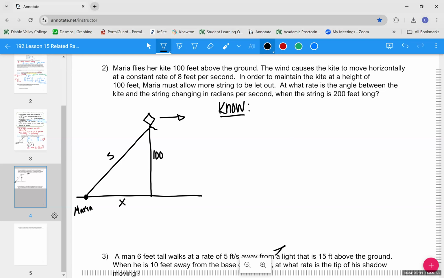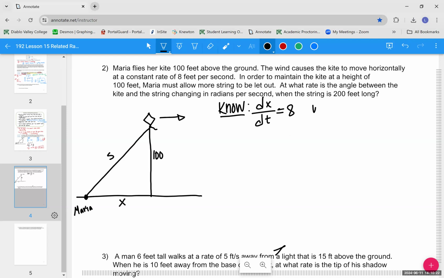Did you say dx dt? I hope you did, because that is exactly the part of the triangle that corresponds to moving this way at 8 feet per second. And it's getting bigger or smaller? Bigger. So we know that dx dt equals 8.